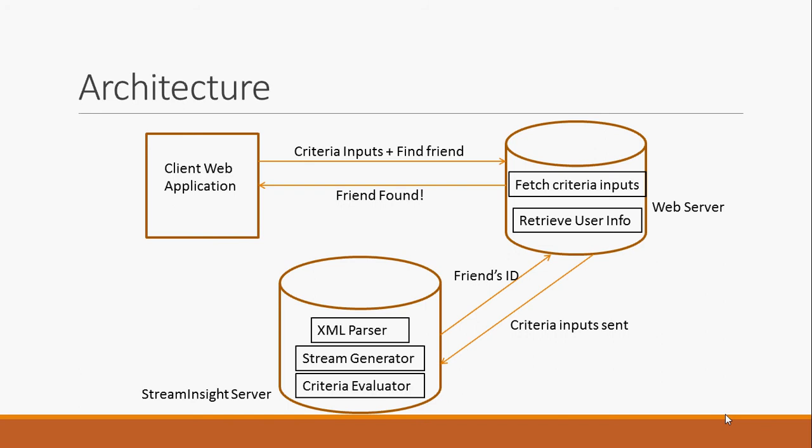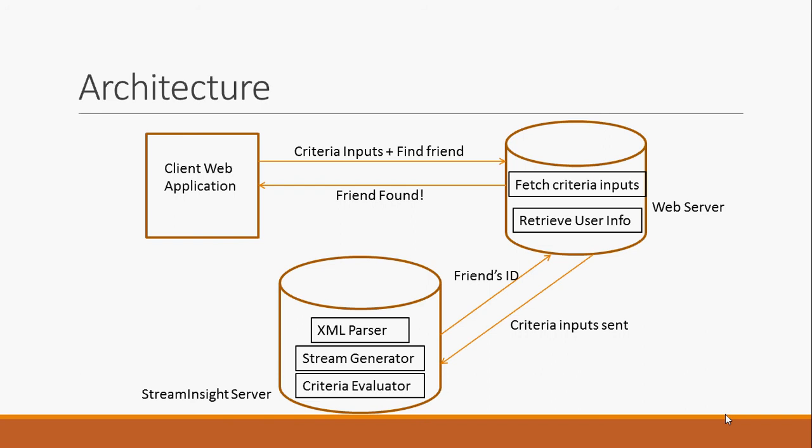The third component is the criteria evaluator, which works on the stream generated by the stream generator, and it does various math and some LINQ queries to find the specific friend for the user based on various criteria algorithms.